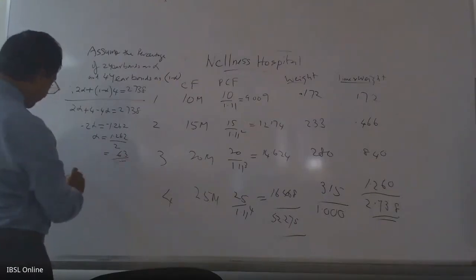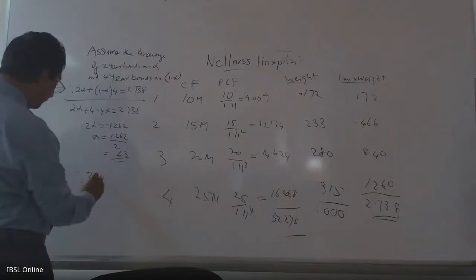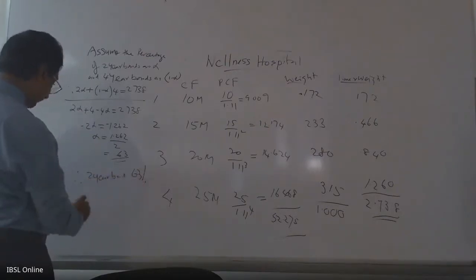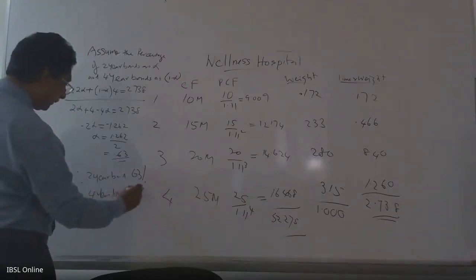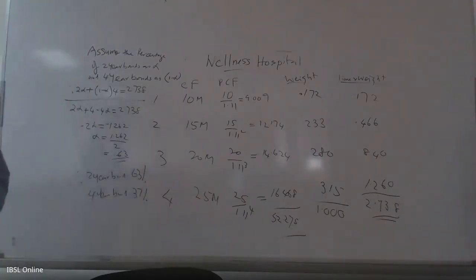Therefore, 2-year bonds we have 63%, 4-year bonds we have 37%. So that is the answer.